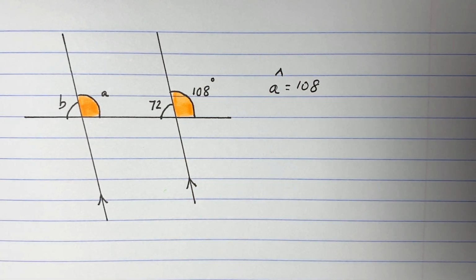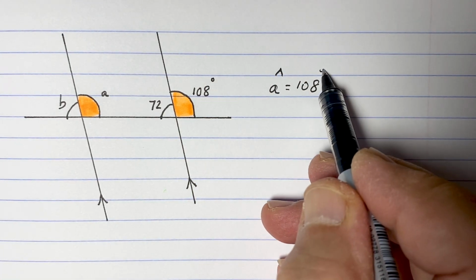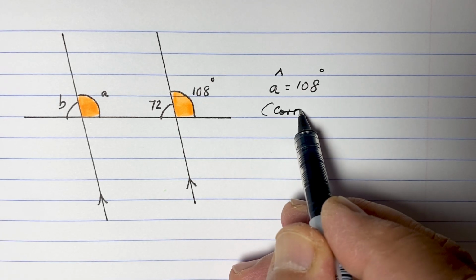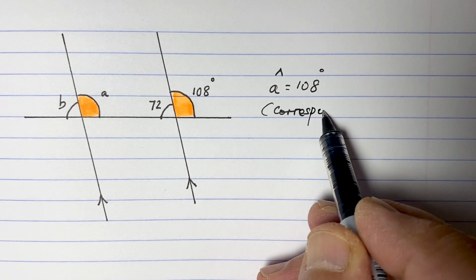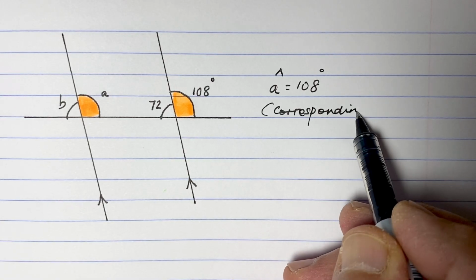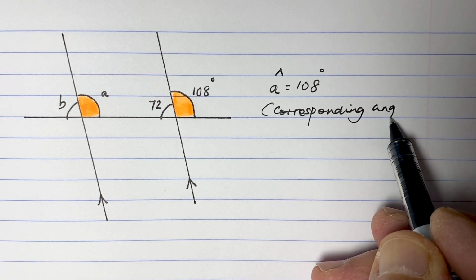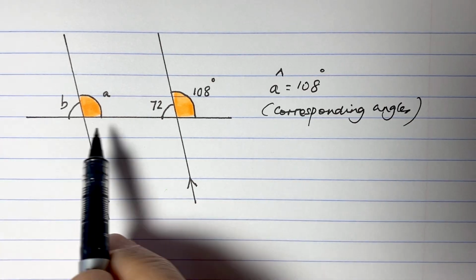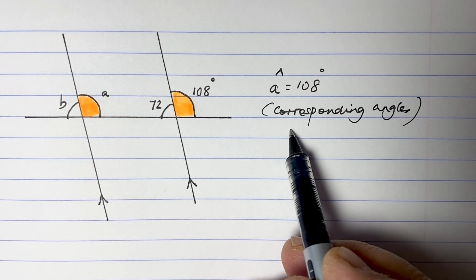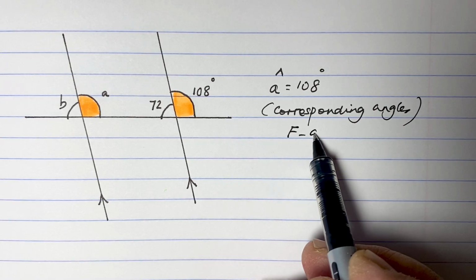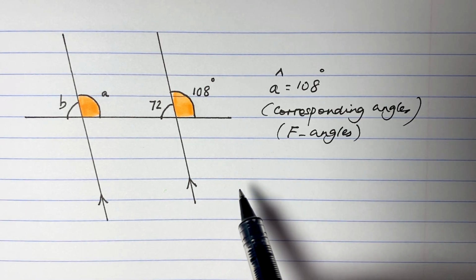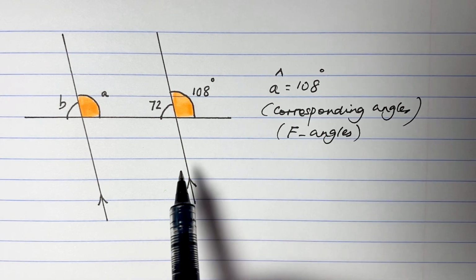But this only gives you half the marks. Reason: corresponding angles. Or they can call it F angles in primary school. But really you should be using the proper name for it.